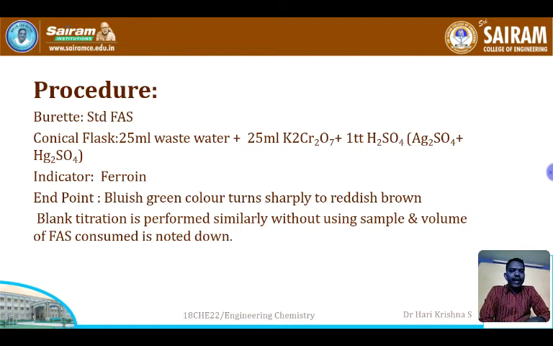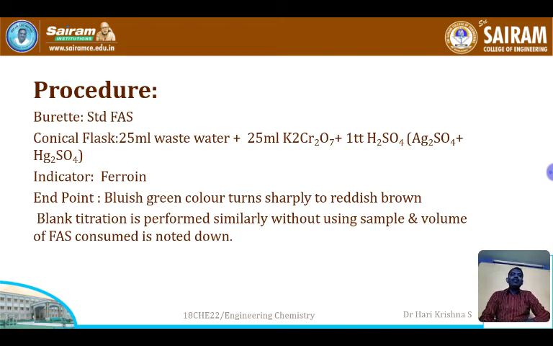Silver sulfate acts as a catalyst, which increases the rate of oxidation of straight chain hydrocarbons, whereas mercuric sulfate prevents the precipitation of silver as silver chloride. The main purpose of adding mercuric sulfate is to keep silver as silver sulfate only.